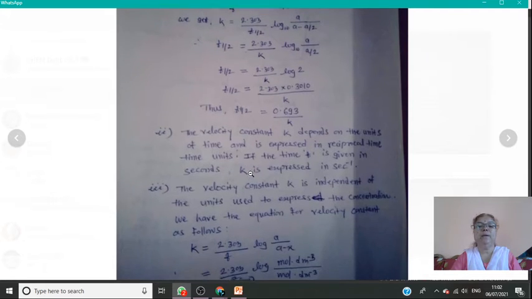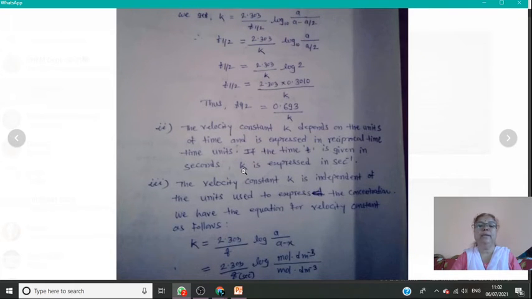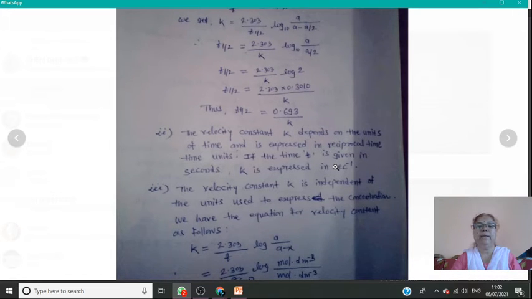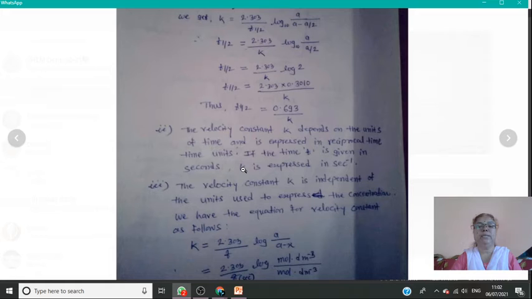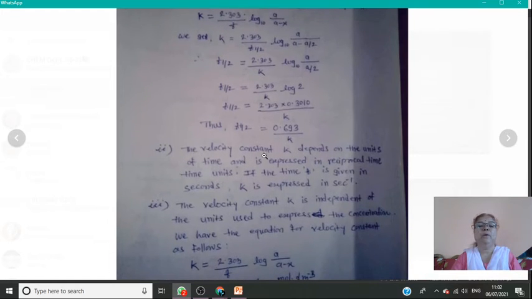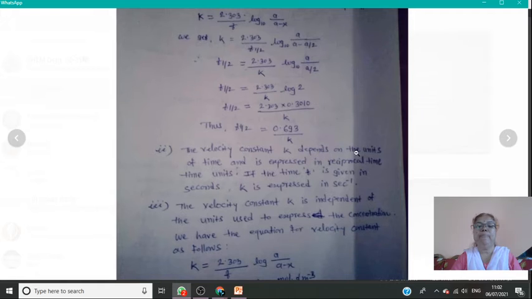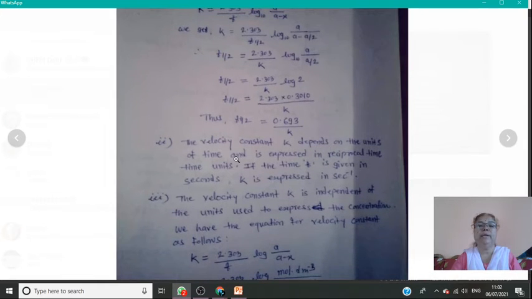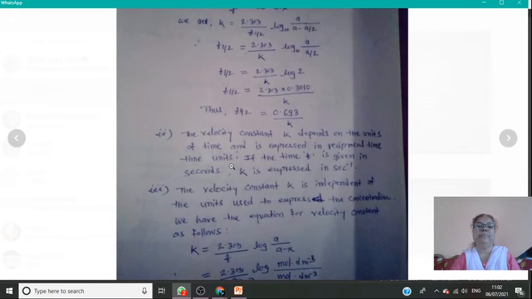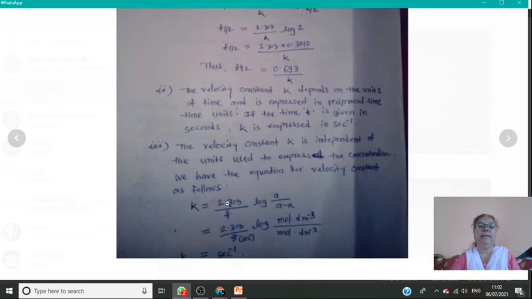If we express the time of a reaction in minutes, then K is expressed in minute inverse. Or if we express the time in hours, then K has unit hour inverse. Remember, this is the second characteristic.